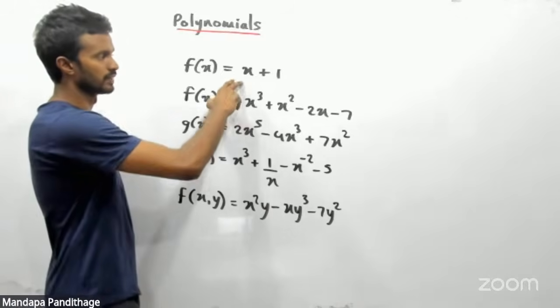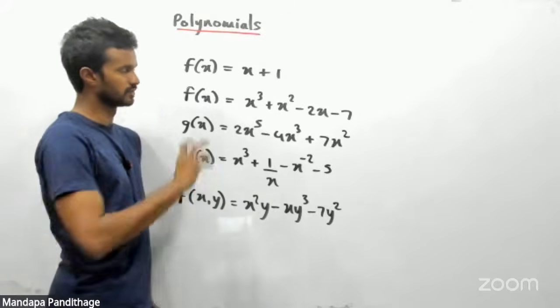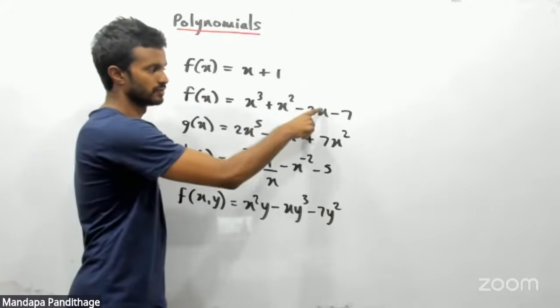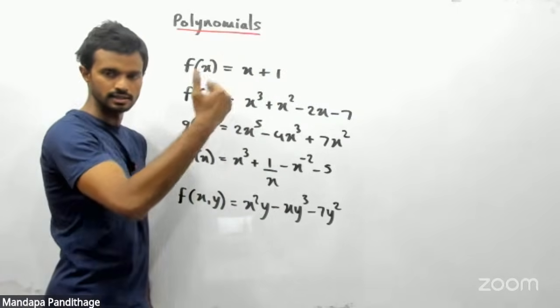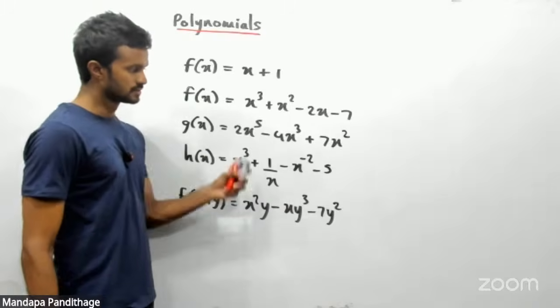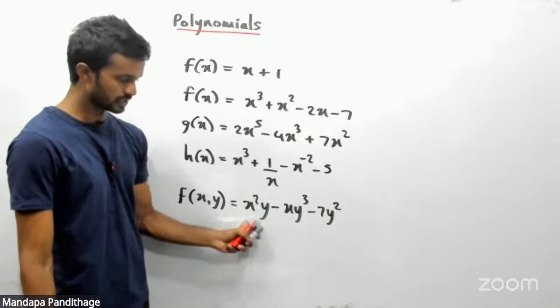So here, this is x to the power 1, which is a positive integer. And here all these are positive integers, and I told you there can be constants. Not that having a constant is a must, there can be constants. So all these only have positive integral powers of the variable. Even this one is the same.